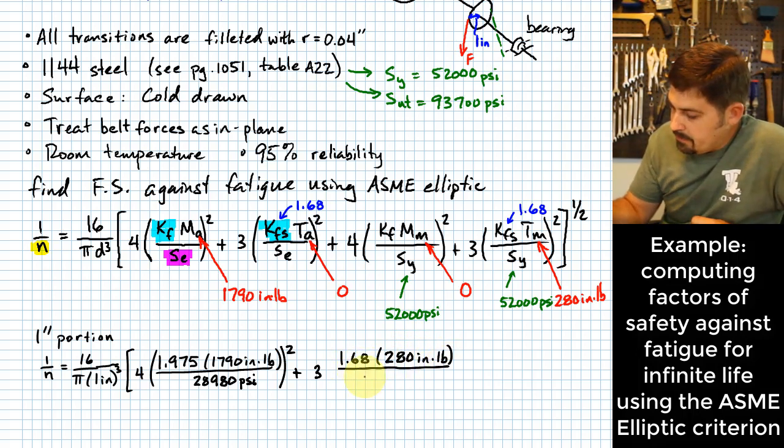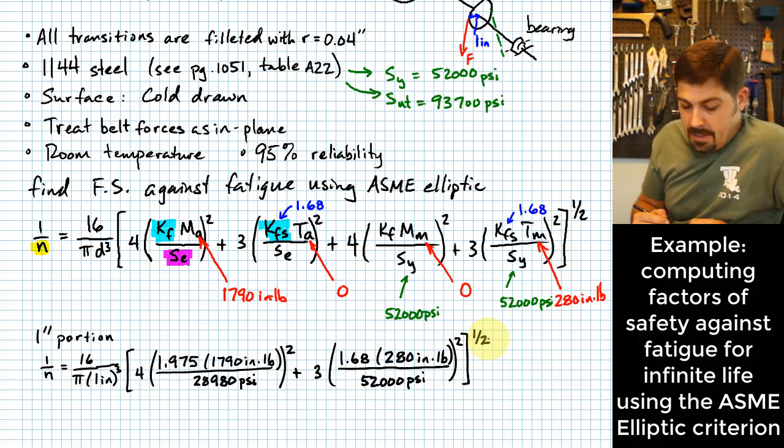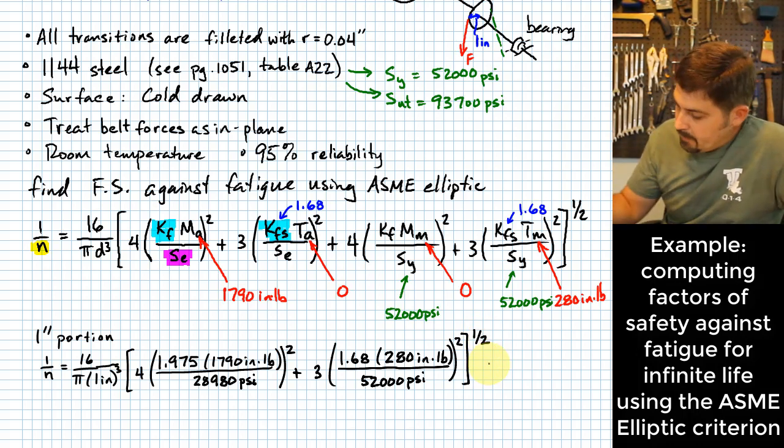All this gets divided by 52,000 PSI, which is the yielding strength for that material. Okay, all that is taken to the 1/2 power, and when you solve this for n, it tells you that n is going to be equal to 0.803.